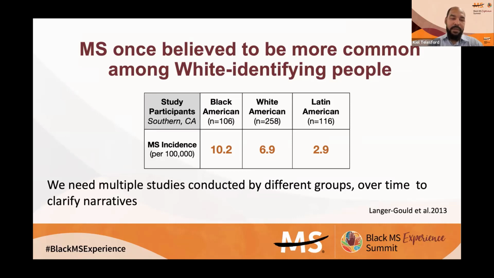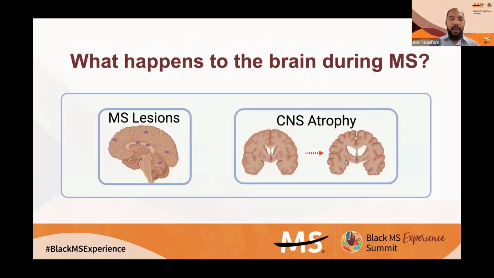And so the main point I'm trying to make here is that we need multiple studies that are conducted by different groups over time to really clarify narratives and really get a clear understanding of how a clinical problem like MS works.